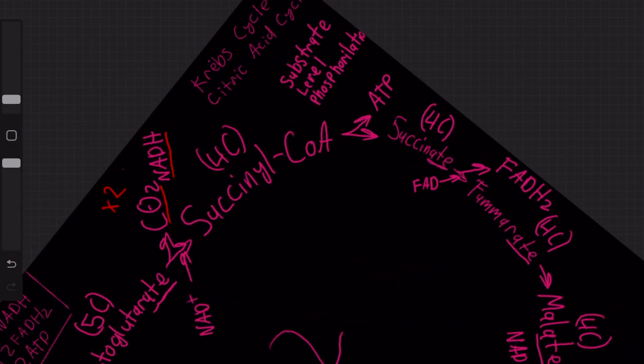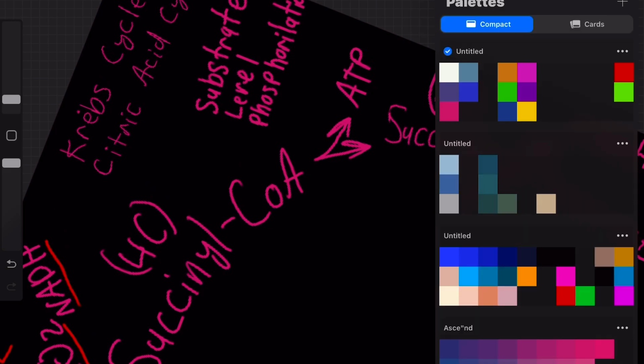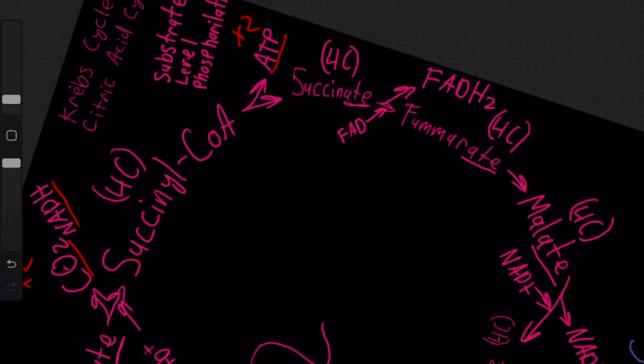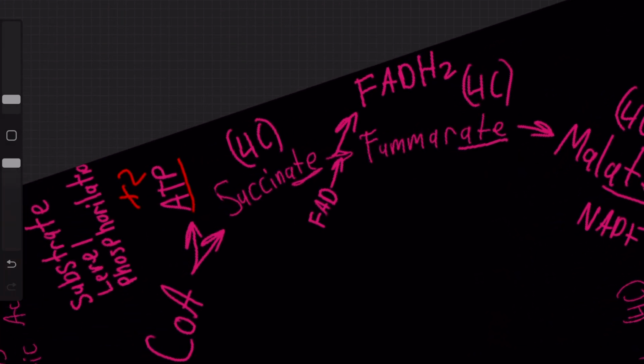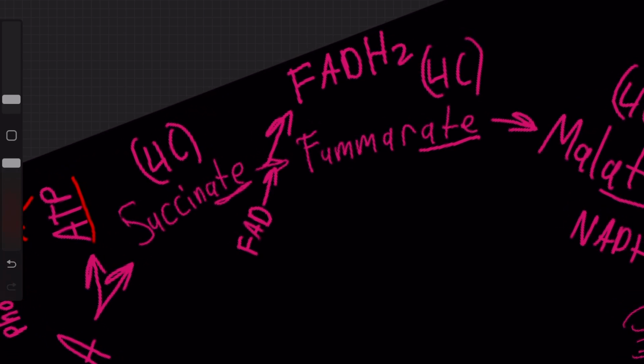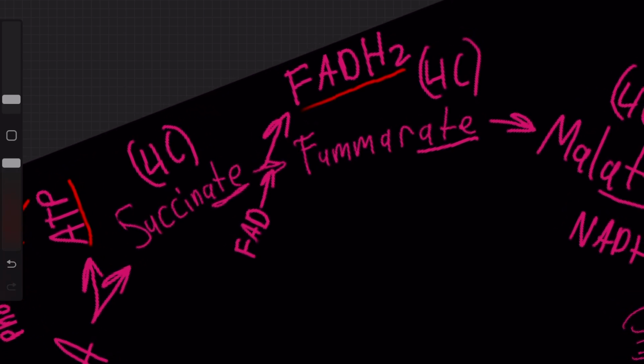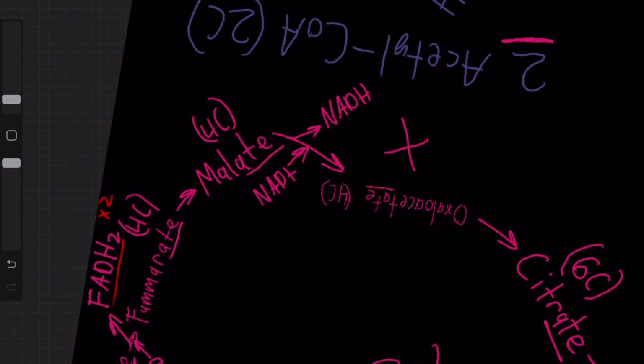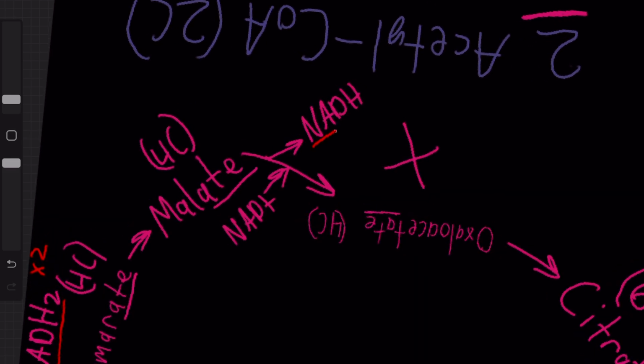From succinyl CoA to succinate, we have ATP, and remember, we're also multiplying the ATP by 2. Again, from succinate to fumarate, we're producing FADH2, and we're going to multiply that by 2 because we're going through 2 cycles. And then from malate to oxaloacetate, we have another NADH, which we're going to multiply by 2.